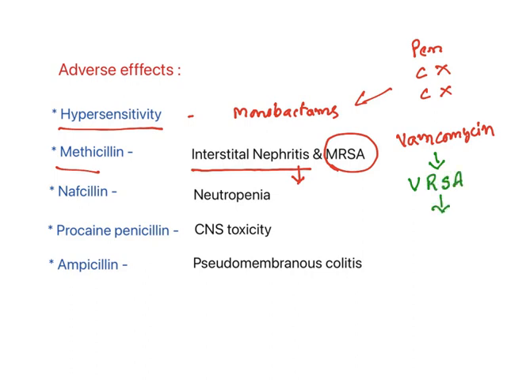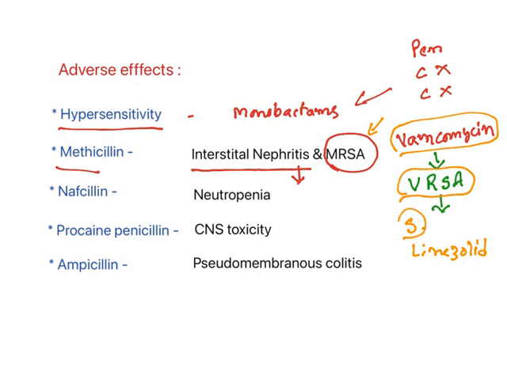To treat this, again, streptogramins or linezolid are given. So, this is how it goes on. If the organism acquires resistance to methicillin, vancomycin should be given. If the organism acquires vancomycin resistance, streptogramins or linezolid should be given.